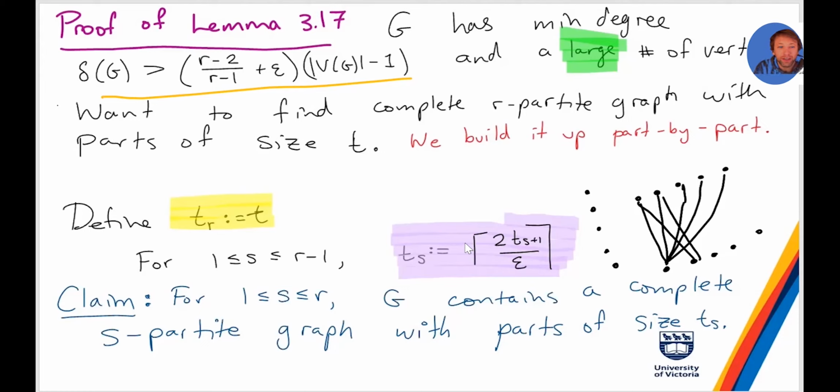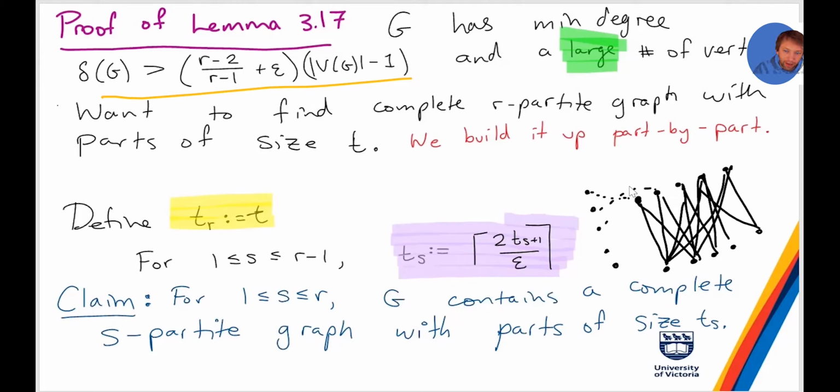So the strategy is actually going to be to build larger parts in the beginning and then throw some of them away as we go. Suppose I successfully build 2 parts of the complete multipartite graph.